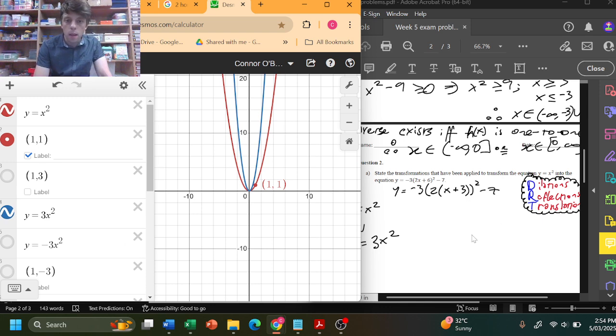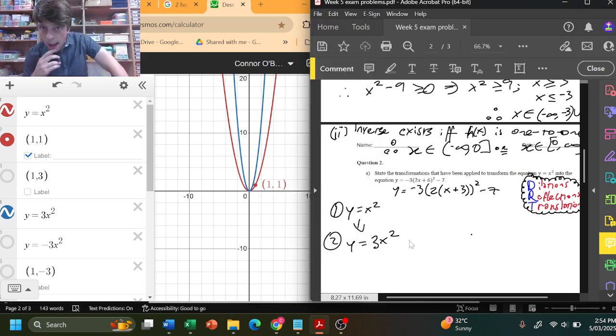Well, what is happening is we're taking our value that we're going to get from the function y equals x squared, and we are multiplying that by 3. So we're taking the old y value, multiplying that by 3, and we're getting the new y value.